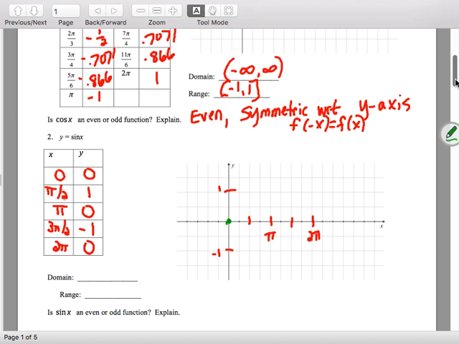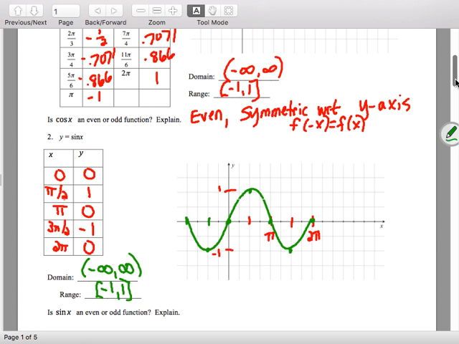So the sine starts at 0, goes up to 1, 0, negative 1, 0. If I continue this just a couple more ticks onto the left, just so we can see a nice picture, the domain is negative infinity to infinity. My range is negative 1 to 1.